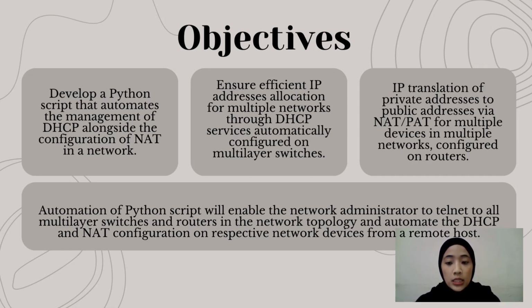And the last one is that the automation Python script will enable the network administrator to telnet into all multi-layer switches and routers in the network topology and automate the DHCP and NAT configuration on the respective network devices from a remote host.